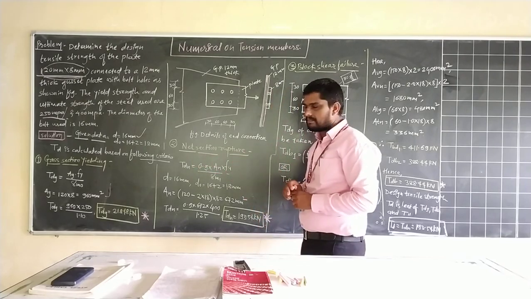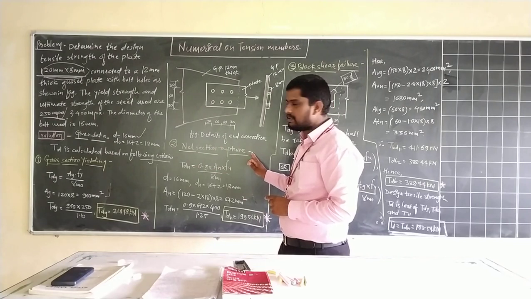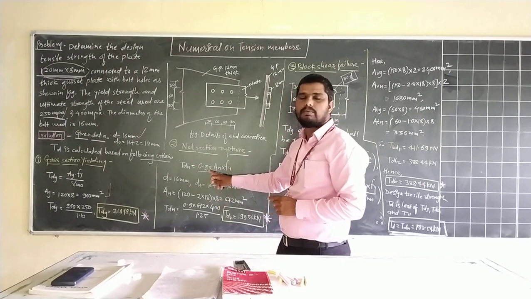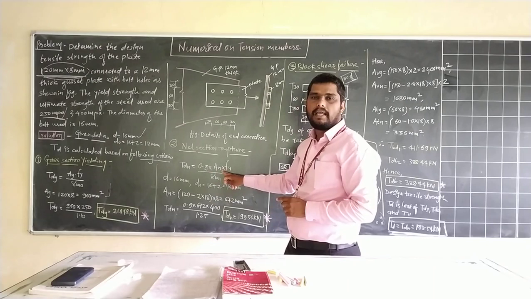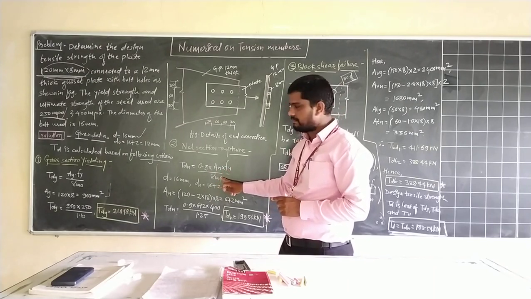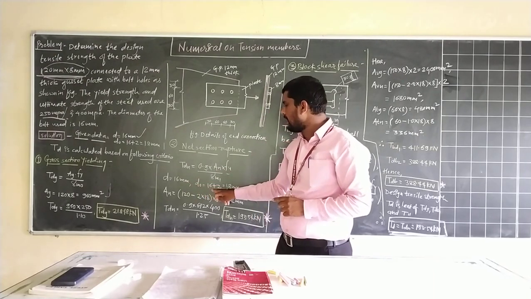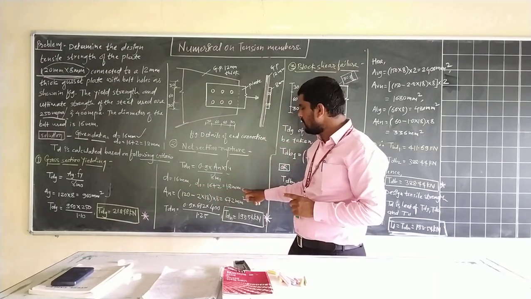After determining the first step, gross section yielding, the next step is to determine the net section rupture. So what is meant by net section rupture? That is, TDN is equal to 0.9 times AN, the net area, into Fu divided by gamma m1. We know that the diameter of the bolt is 16 mm and the diameter of the hole is 16 plus 2, total 18 mm.